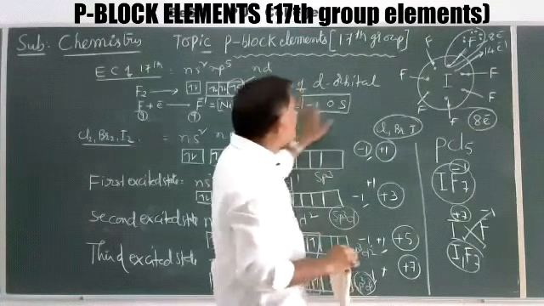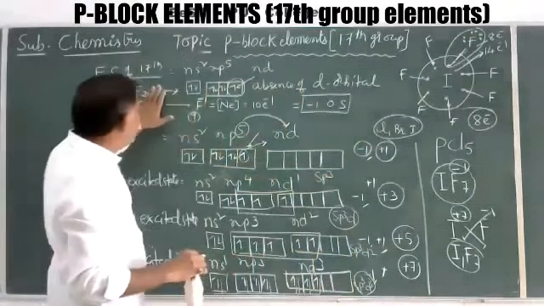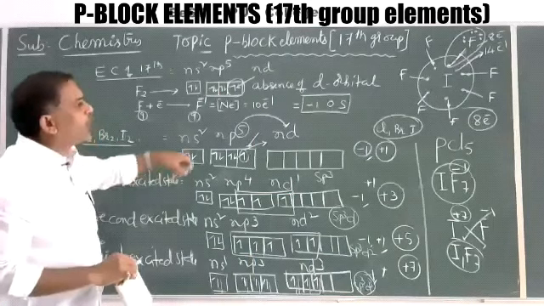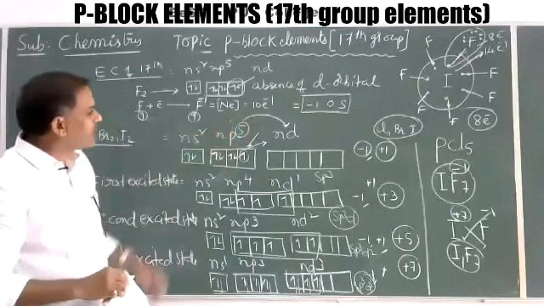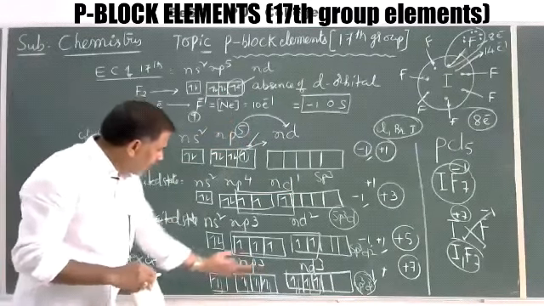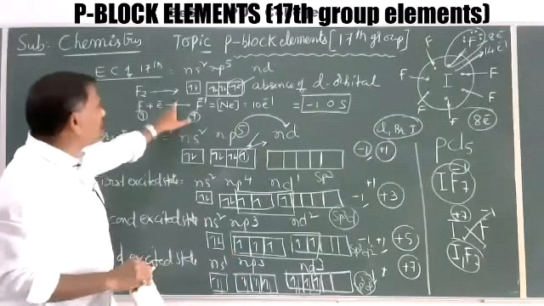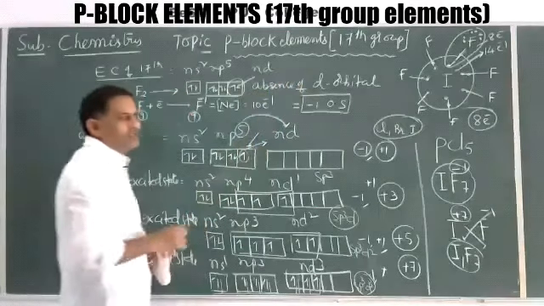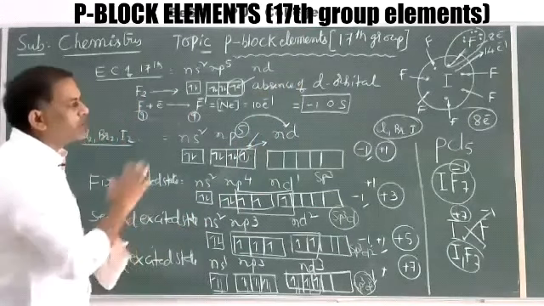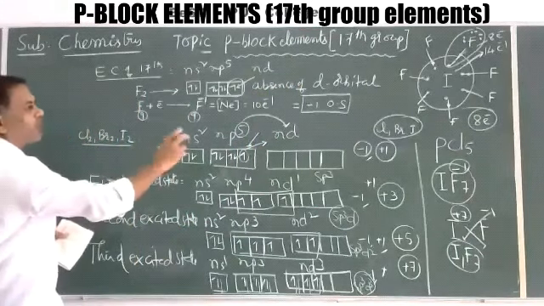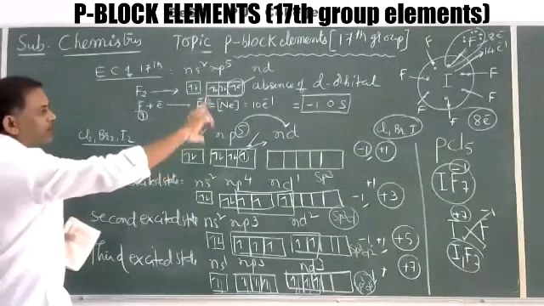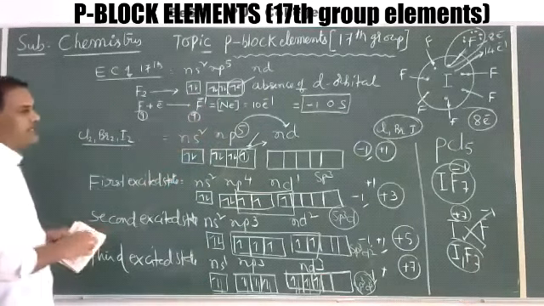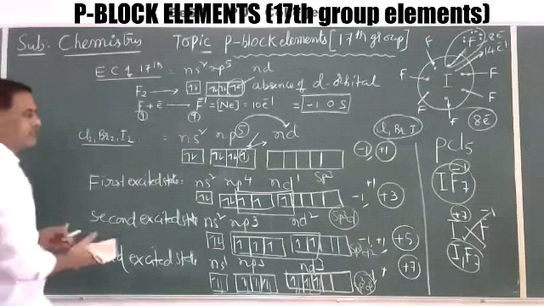Clear? Now, this is the variable oxidation state and excitation of electrons. While writing some molecules, interhalogen compounds, we want excitation. Fluorine does not show excitation because of the absence of d orbitals. A very, very important concept. Wherever required, I will explain the complete analysis of this excitation of electrons.